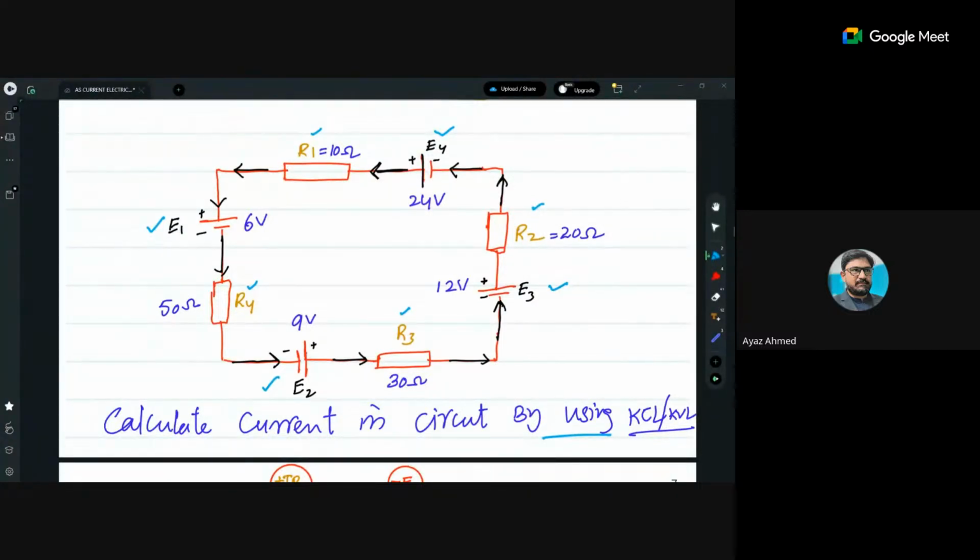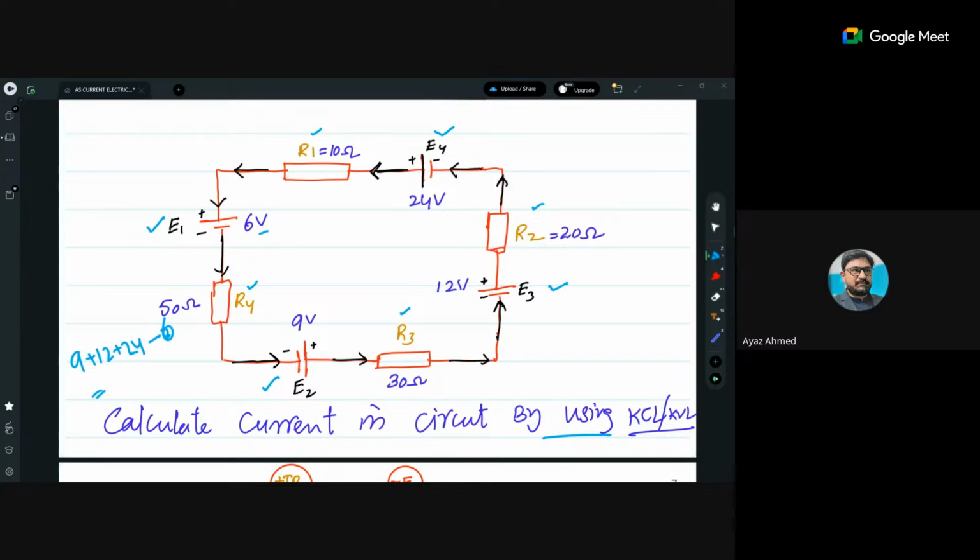For example, if I say that E3, E4, and E2, they all are with the right polarity, and they are just supporting each other. So what would be the total EMF in this circuit? 9 plus 12 plus 24, but this is opposite to them, so it would be -6. So that would be your total EMF available in that one.